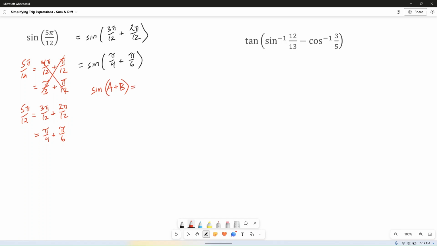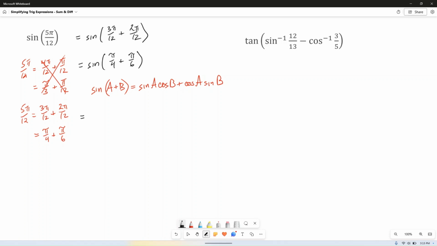From our identity, I know that that is equal to the sine of A times the cosine of B plus the cosine of A and the sine of B. So I'm going to take that identity and replace the A's and the B's with pi over 4 and pi over 6.